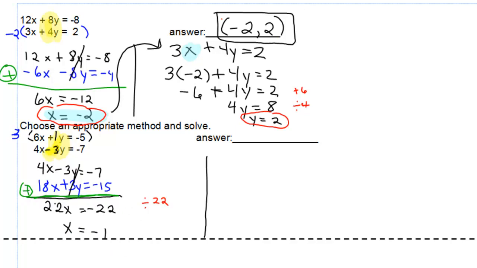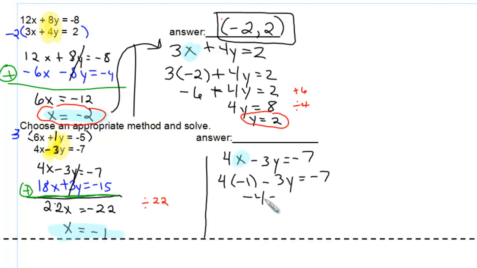And now let's plug negative 1 into one of the original equations. Doesn't matter which one. I'm going to use 4x minus 3y is equal to negative 7. And let's replace x with negative 1. So 4 times negative 1 minus 3y is equal to negative 7.